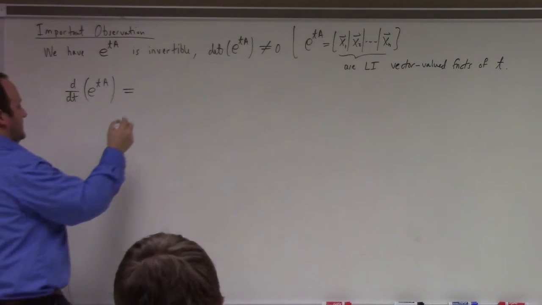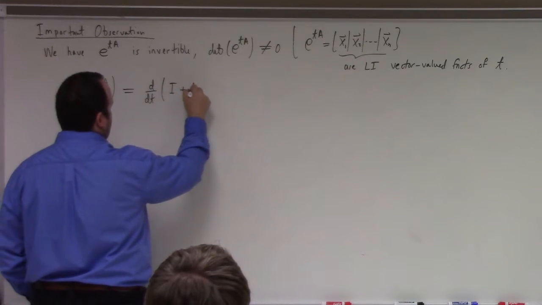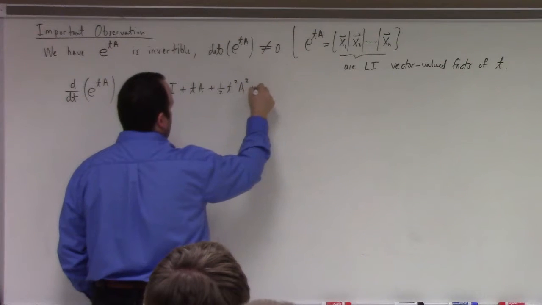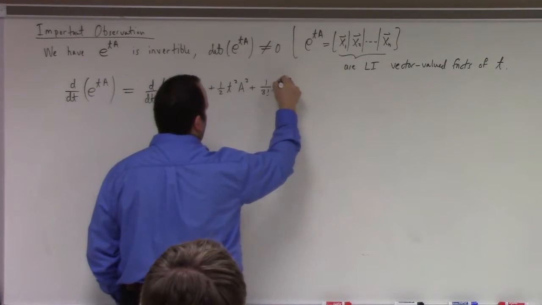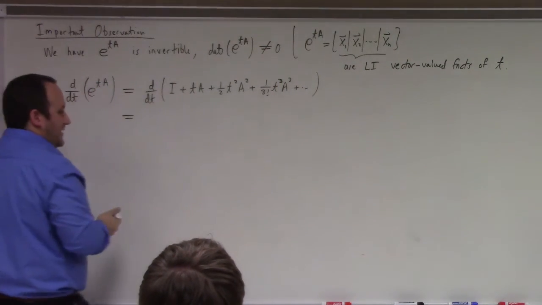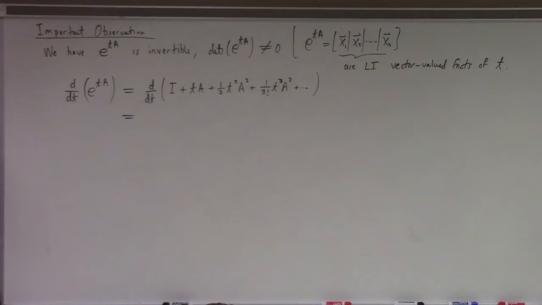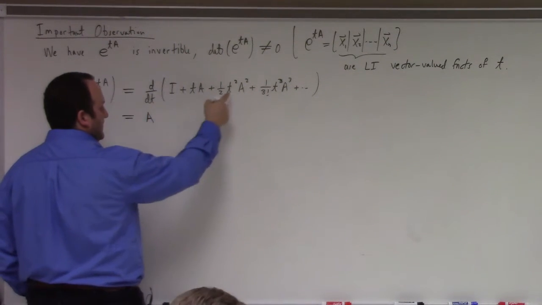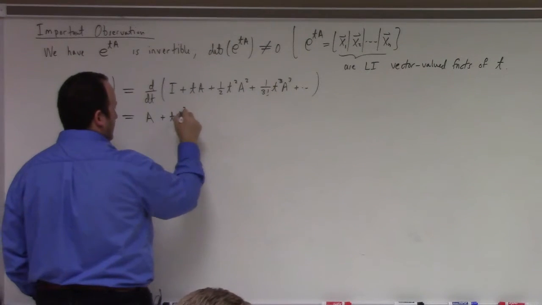So what's that look like? That's d dt of I plus ta plus 1/2 t squared a squared plus 1/3 factorial t cubed a cubed and so forth. So we differentiate term by term. Derivative of the identity matrix, that's a constant matrix, differentiates to 0. Derivative of t times a just gives me a again. This gives me t times a squared.